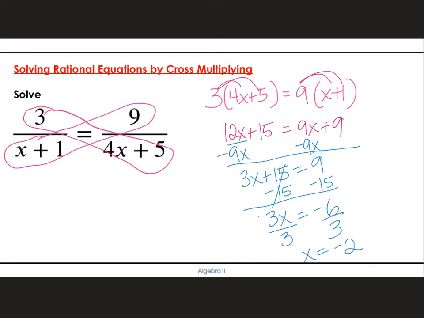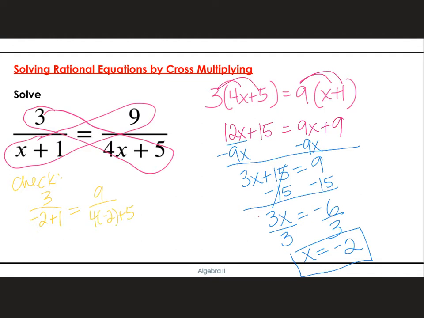And with rational functions, you always need to make sure that x equals negative 2 is not one of your excluded values. So it's not one of our excluded values. You can also check your work to see if that makes sense. So if we were going to check, we have 3 over negative 2 plus 1 is equal to 9 over 4 times negative 2 plus 5.